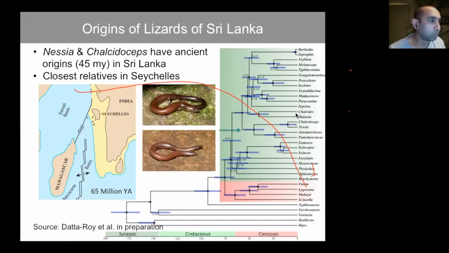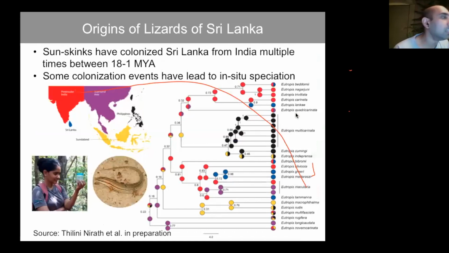Then we also wanted to see the origins of the sun skinks, the Eutropis genus, in Sri Lanka. That study was done by one of my students at the Rajarata University, Thilni Nirath. We again used a molecular phylogenetic approach.